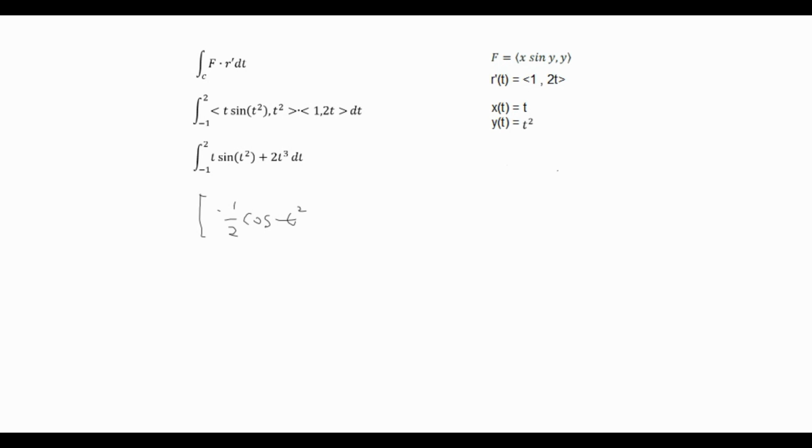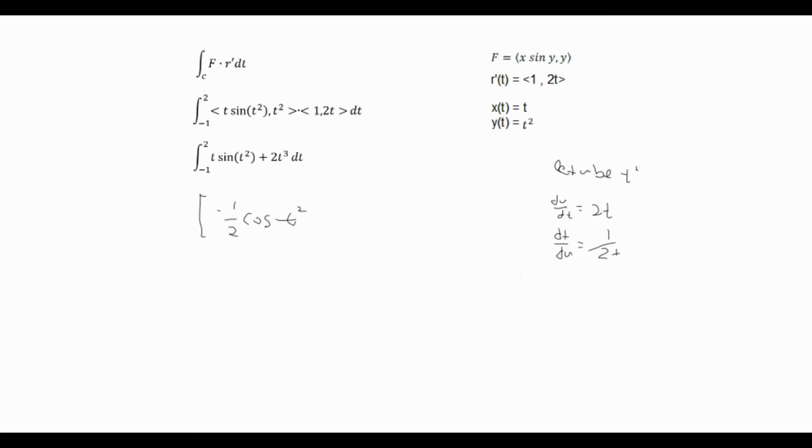Okay, the way I got this is by using u substitution. Let u be t squared. Alright, let u be t squared, and so your du/dt will be 2t, and your dt/du is basically 1 over 2t.